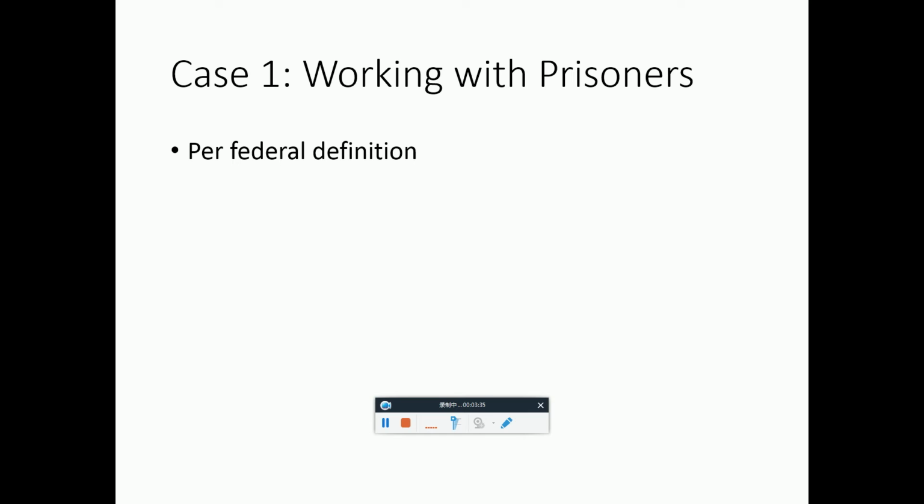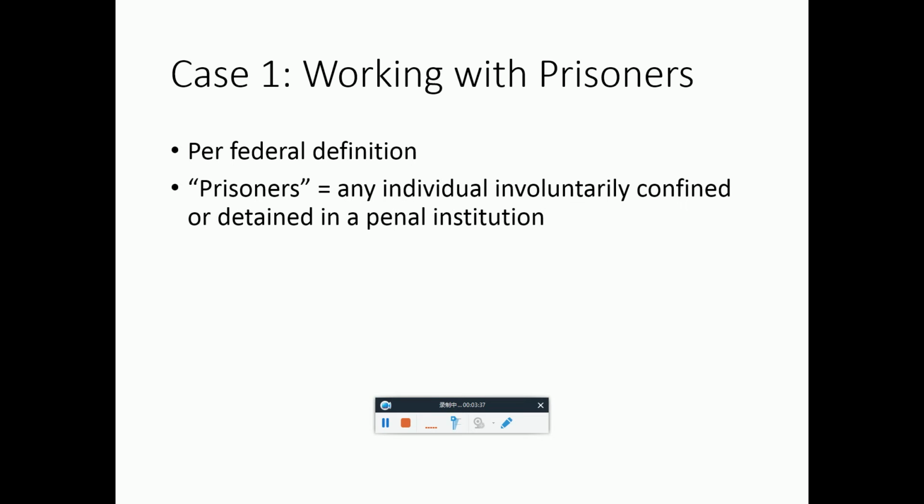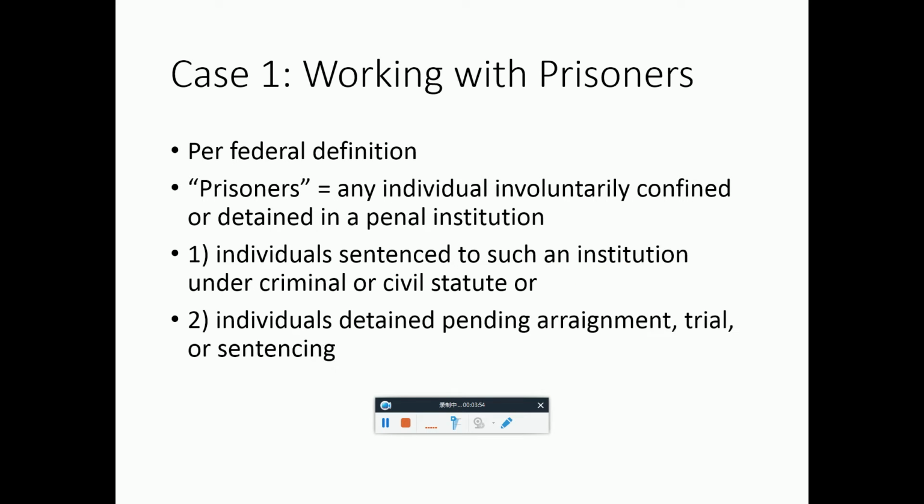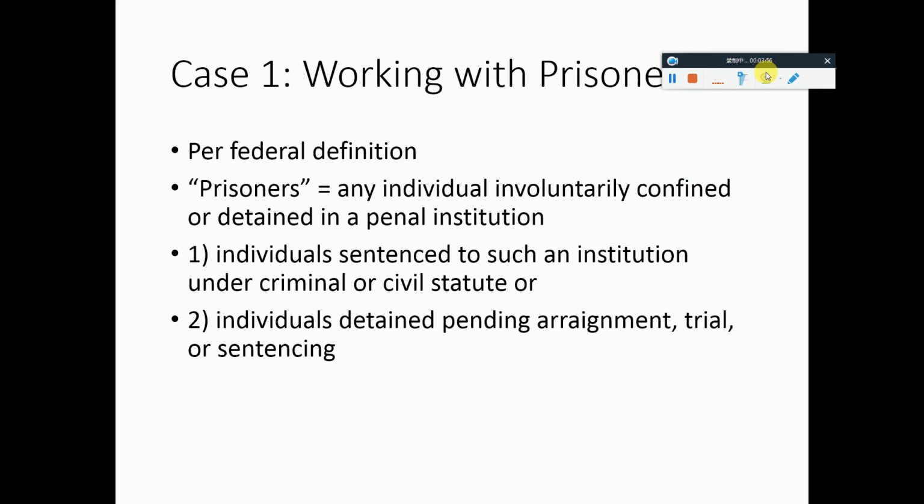Per federal definition, prisoners refer to persons involuntarily confined or detained in a penal institution. They're either sentenced to such an institution under criminal or civil law, or they're detained pending arraignment, trial, or sentencing.